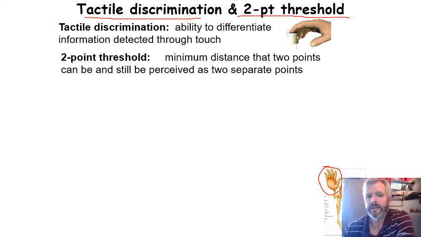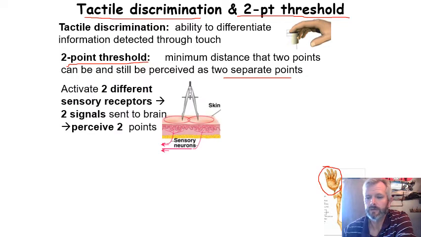The 2-point threshold tells us the minimum distance at which 2 points can still be perceived as 2 separate points. This has to do with the receptive fields of our sensory neurons. We need the ability to feel sensation throughout our trunk and all the areas of our skin.